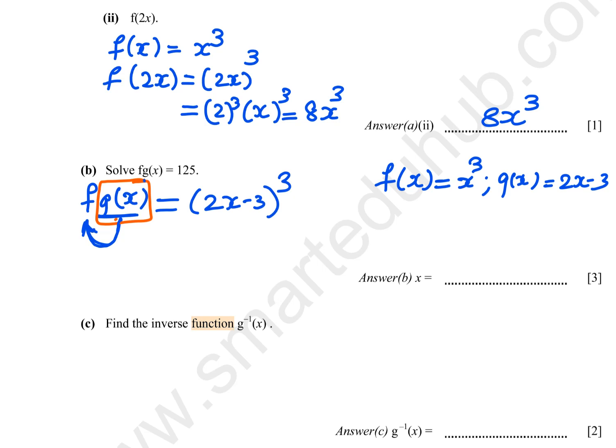Now while doing so, you have to treat this entire thing as being something that is going to replace the x in f. So where was the x in f(x)? This was the only x in f(x). So instead of this x, I'm going to plug in 2x - 3. So that means take the inner function and plug it into the value of x in the outer function. So if I want to solve it, what will happen? I'm going to actually do what then?